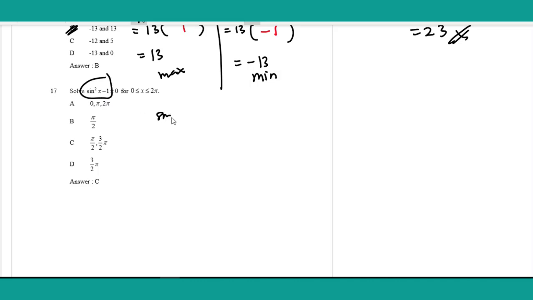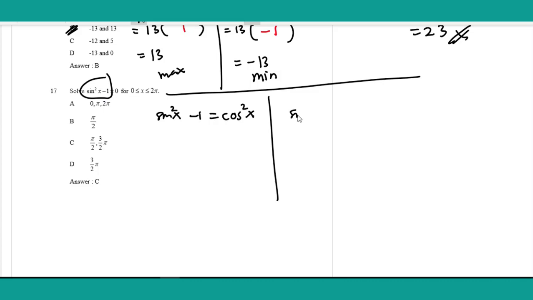Number 17. Okay, sine x squared minus 1. If you check using the identity trigo, this one is equal to negative cos x squared. So just take sine x squared minus 1 is equal to 0, change to cos. So cos x squared is equal to 0.